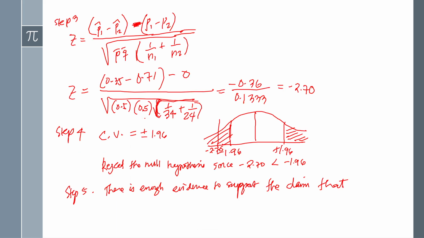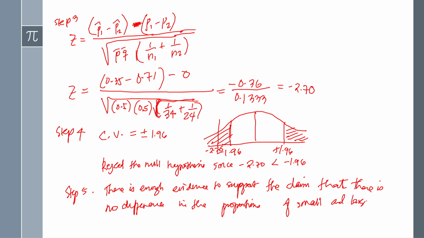So we have to copy this claim: there is no difference in the proportions of small and large nursing homes with a resident vaccination of less than 80%. Okay, so we are done with problem number 1.